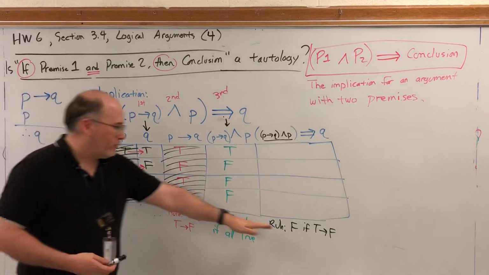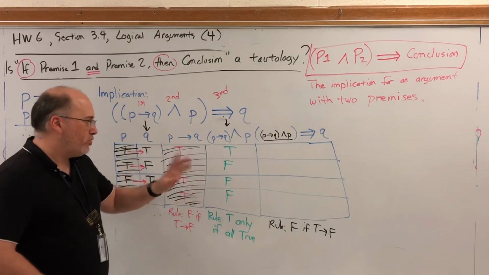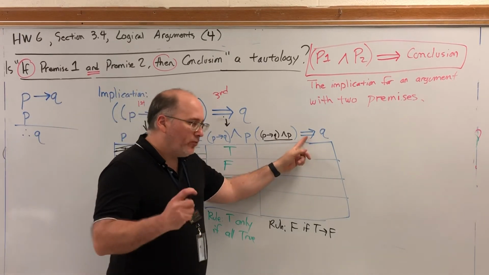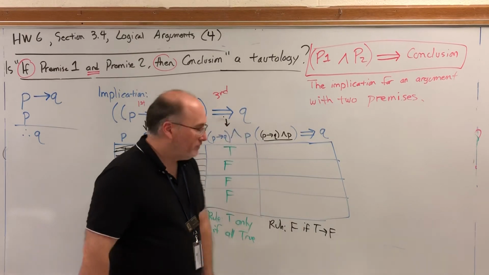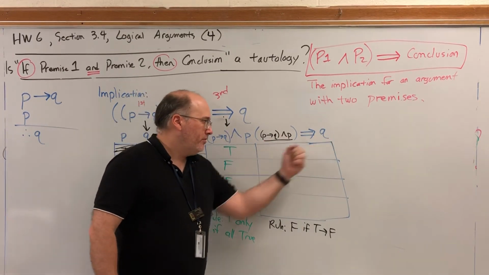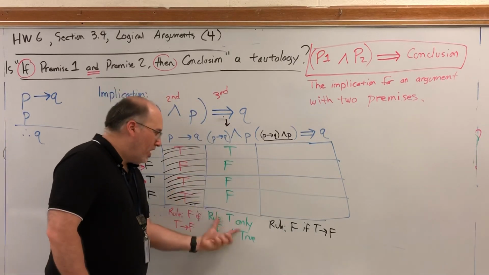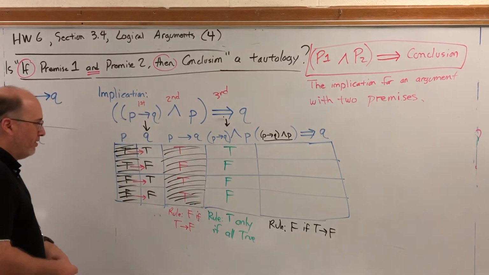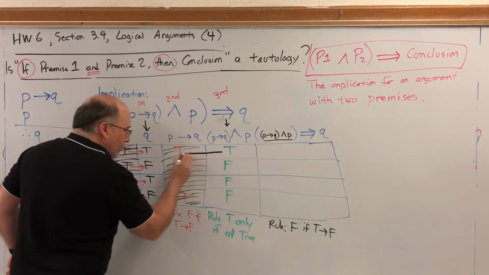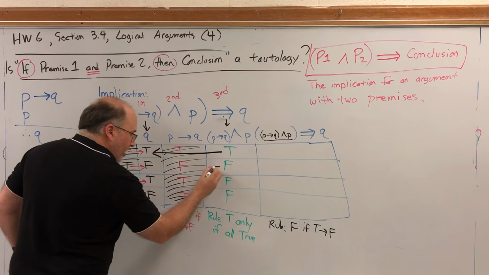So we're going to apply this rule to these two columns, but here's where you have to be very careful. Conditional is the only rule where order matters. I need to think about this column pointing to that one. I need to think about the fourth column pointing to the second column. So I'm going to draw my arrows from the fourth column pointing to the second column.